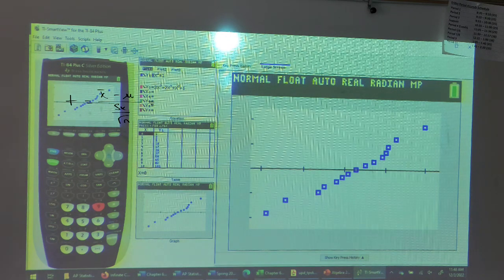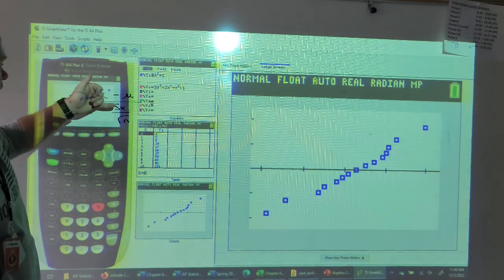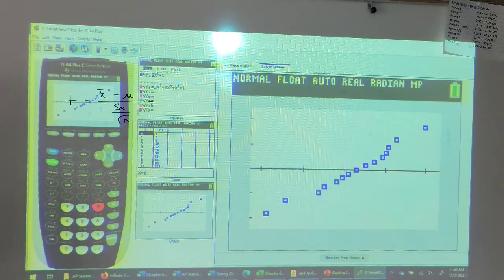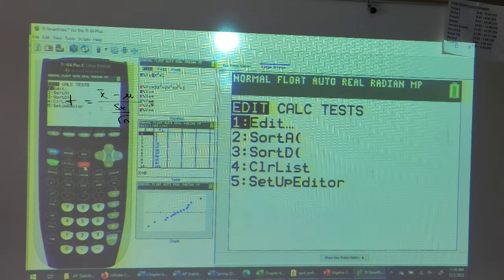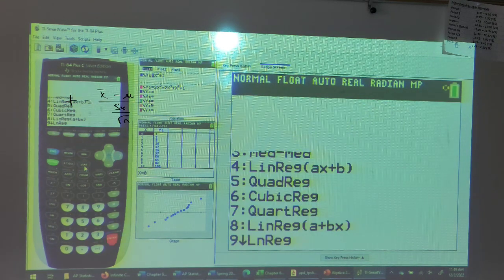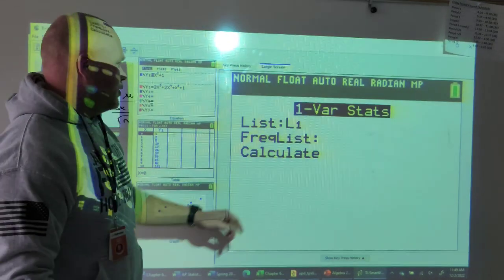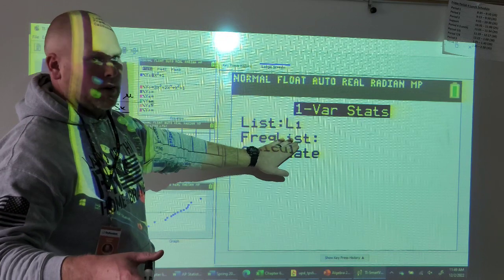So you already had to put the data into your calculator to make the graph. So now we need to just take this data set we have in here and get the sample mean and the sample standard deviation. Okay? So from your home screen, stat over to calc, 1-Var Stats. We've done this maybe 1,000 times. So all the data is in list 1. We didn't put anything in list 2, so we don't want a frequency list.